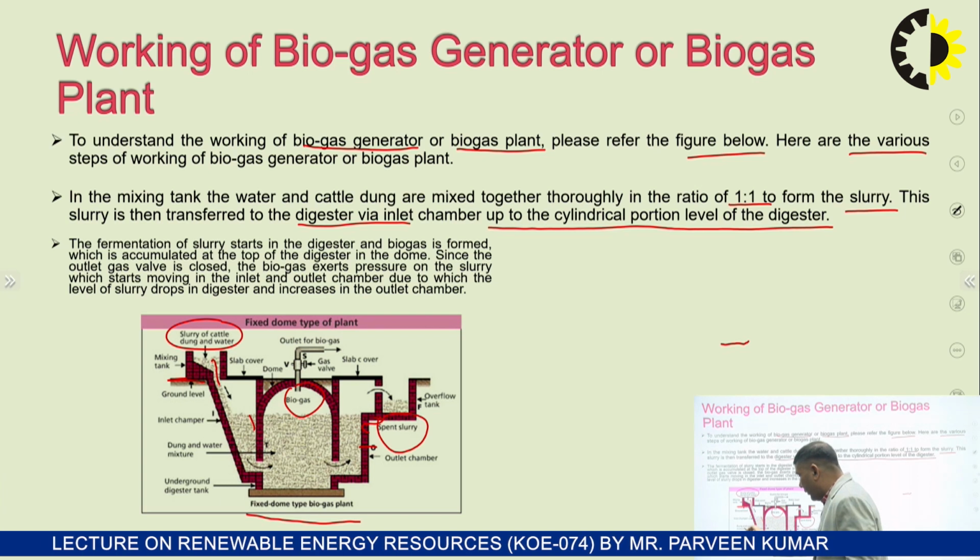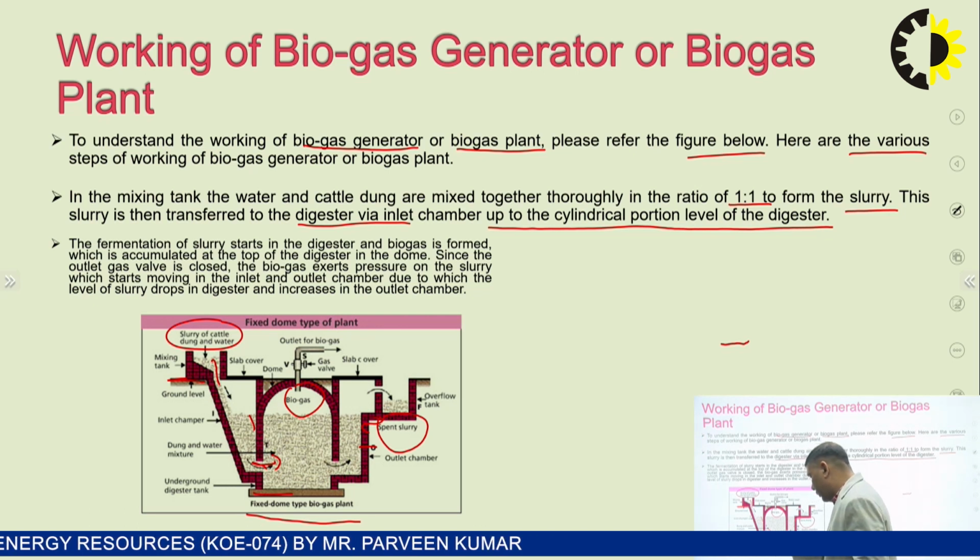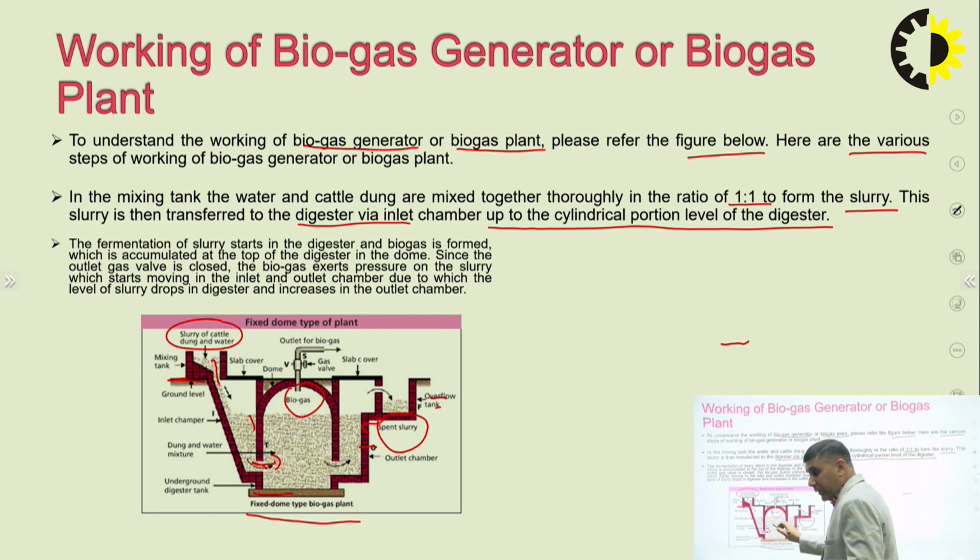Then we have the dung and water mixture here, which is fed up to this point, and this is the underground fixed dome type. This is the outlet chamber, and this is the outlet overflow, and due to the chemical process, no oxygen is present here. This is the overall dome. We have a slab cover also. Then carbon dioxide and carbon monoxide.